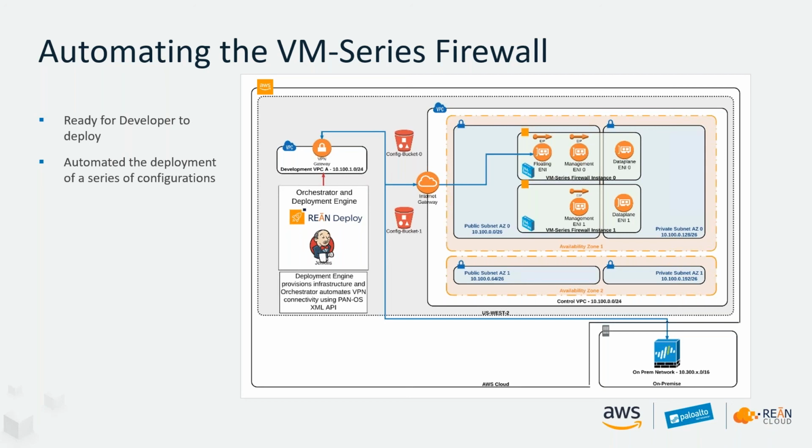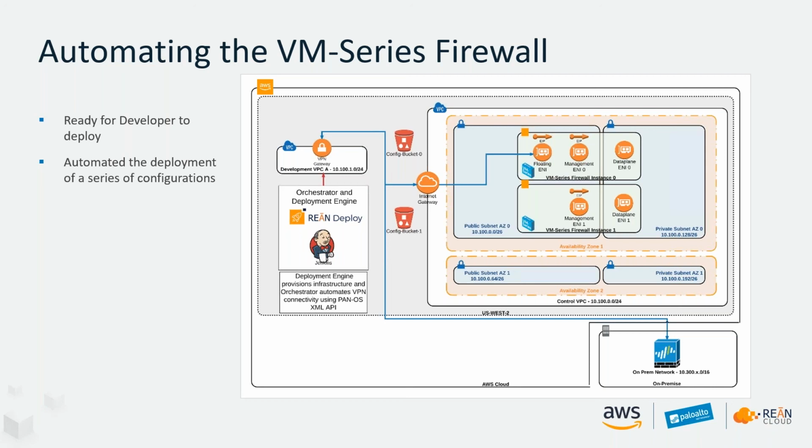Here again, we leveraged a combination of REAN Deploy with the images for the AWS infrastructure for those VPCs. We leveraged Jenkins to orchestrate the steps that needed to happen to configure those environments.